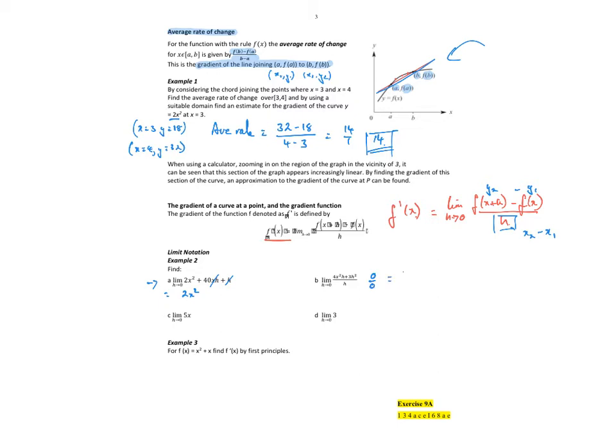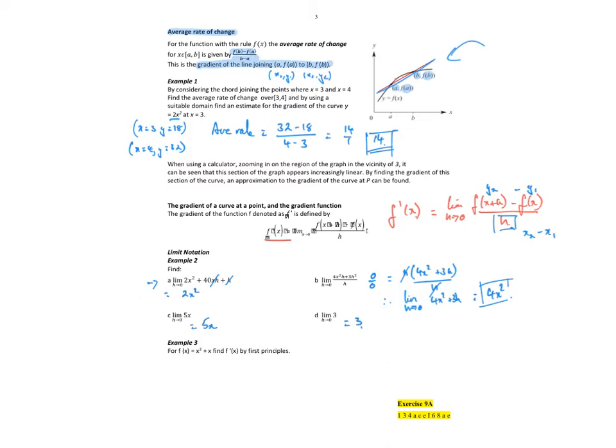So if we look at the top line, I could take h out as a common factor and get 4x squared plus 3h all over h. So those h's cancel. Therefore, the limit as h approaches 0 of 4x squared plus 3h is simply 4x squared. As h approaches 0 here, there is no h value, so that's just equal to 5x. And there's no h value here, so that's just equal to 3.